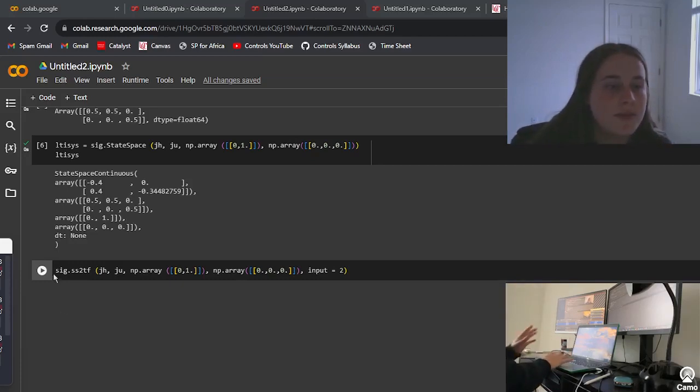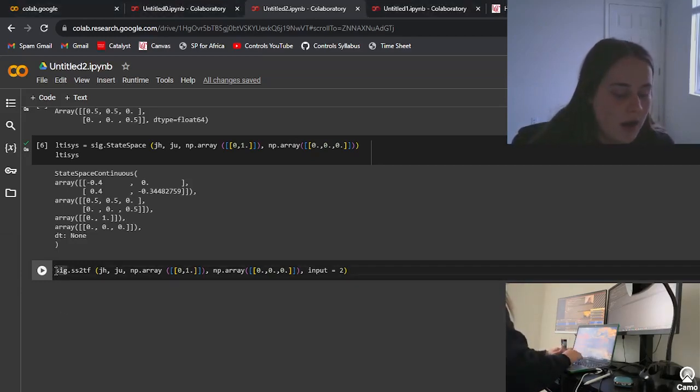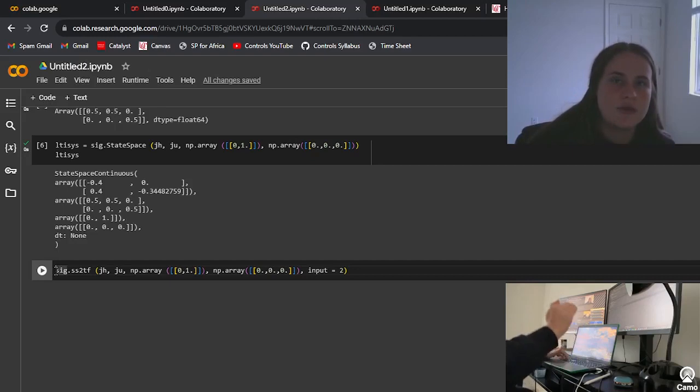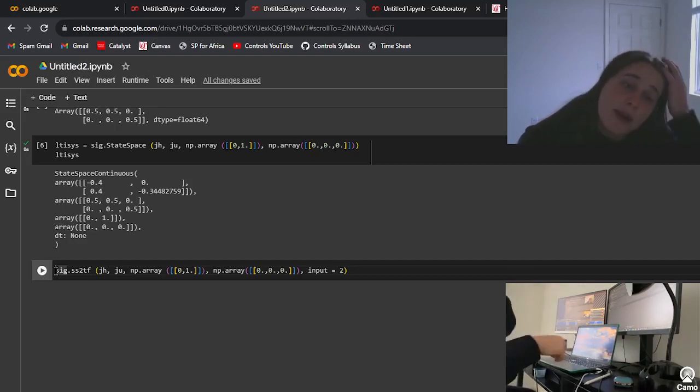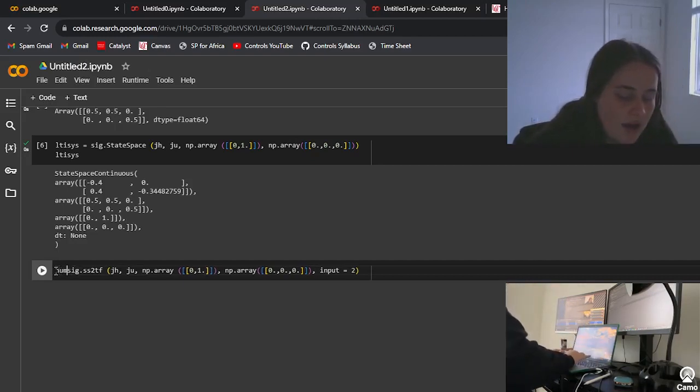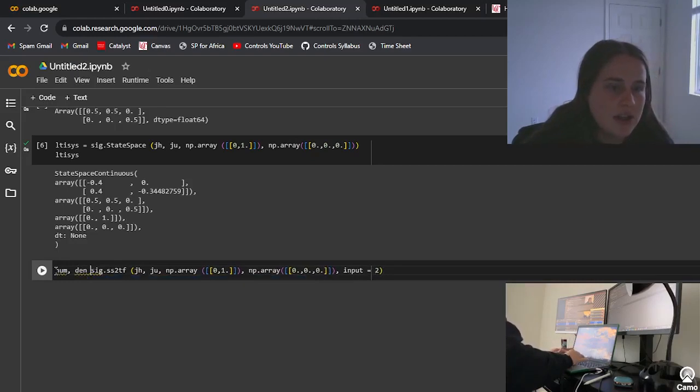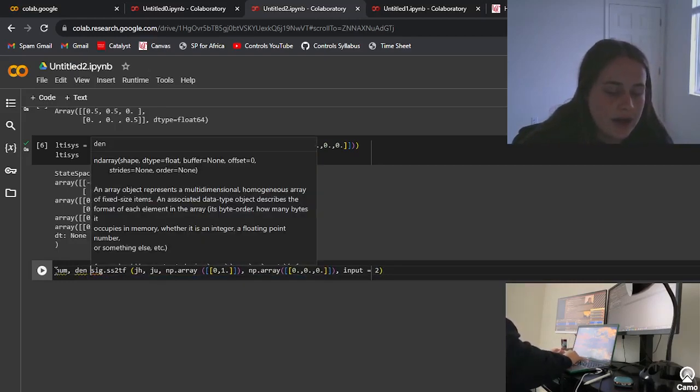So to plot this first, we need a numerator and a denominator for those transfer functions. That's where I had n1, n2, n3, d1, d2, d3. So to do that, I will be setting this function equal to numerator and denominator.